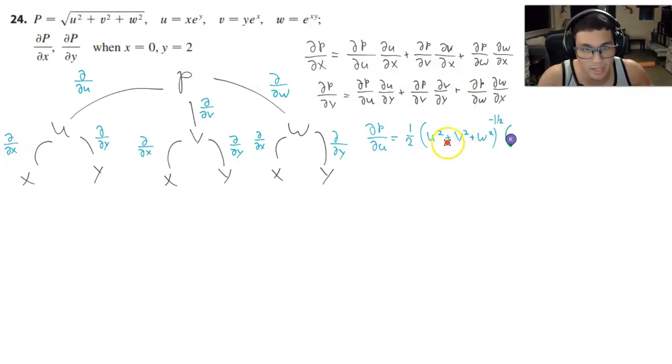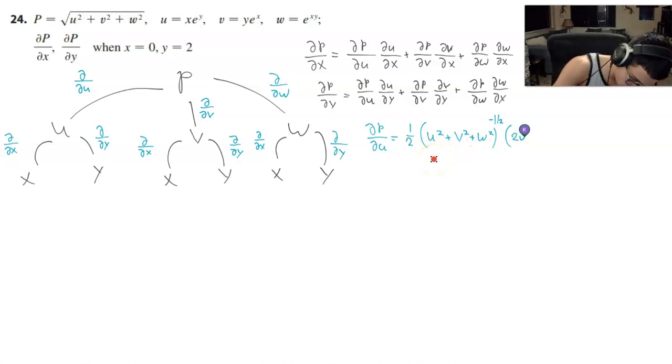And now you're only taking this inside derivative with respect to u. So everything else that's not u is going to be a 0, and this inner derivative is just going to be 2u. So your answer, if you want to simplify it and make it look a lot better, which I recommend you do, is u divided by the square root of u squared plus v squared plus w squared.